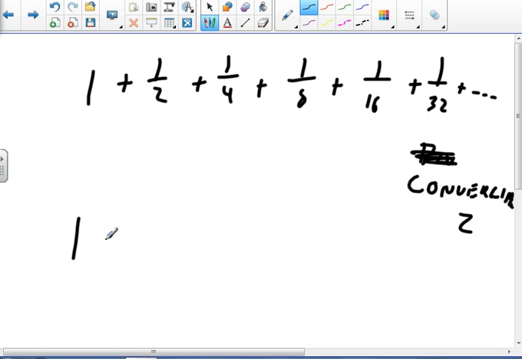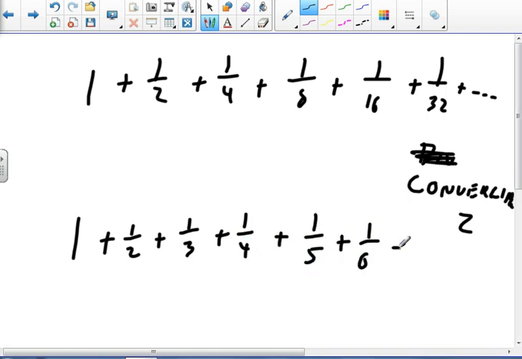But if I had 1 plus 1/2 plus 1/3 plus 1/4 plus 1/5 plus 1/6 plus 1/7 plus and so on, he's diverging. He's just getting bigger and bigger and bigger, and we're never going to get to a single spot. Do you believe that?